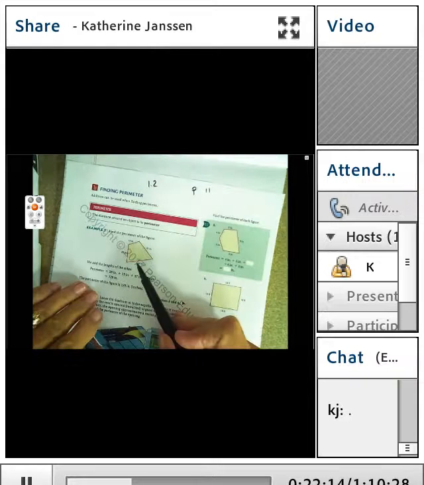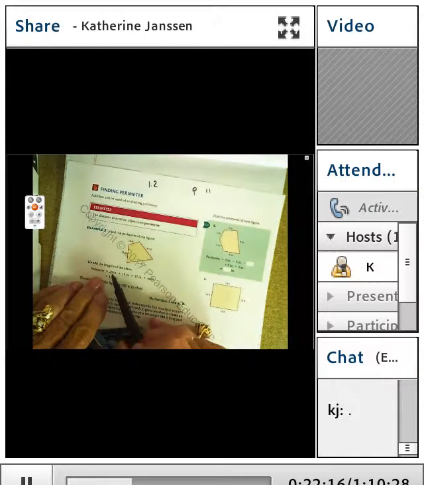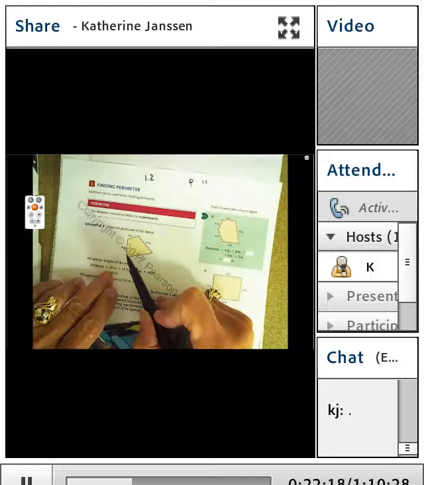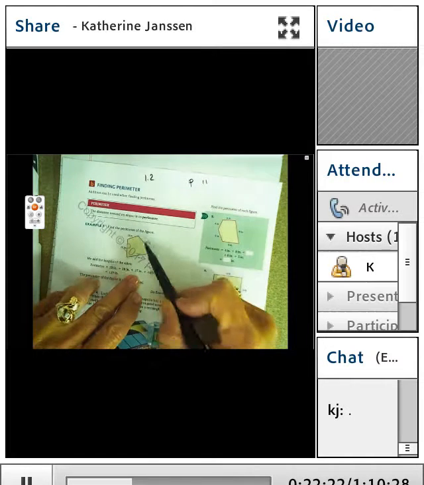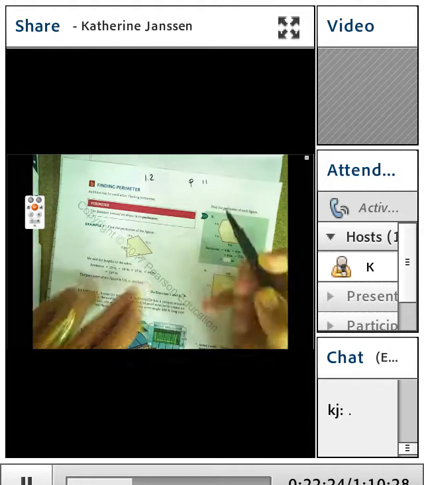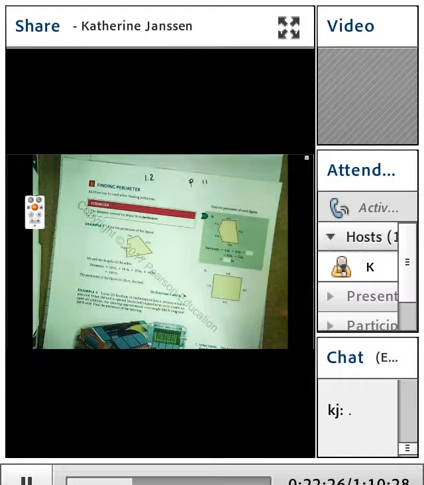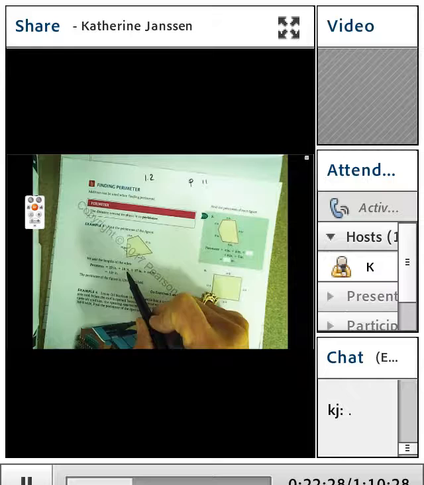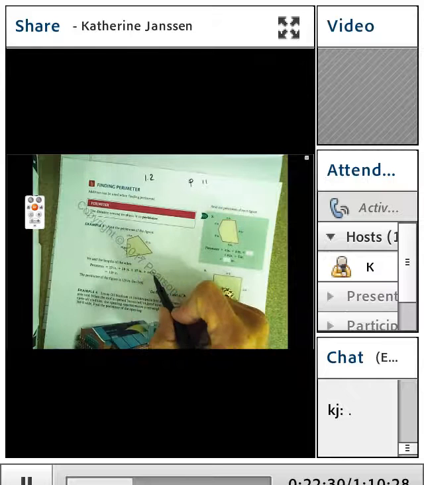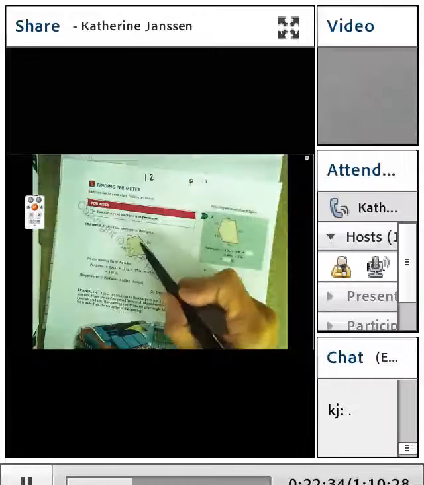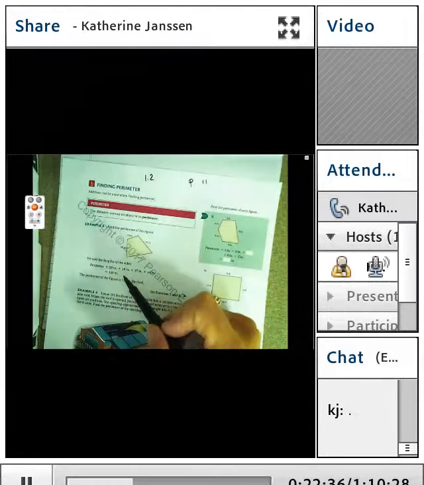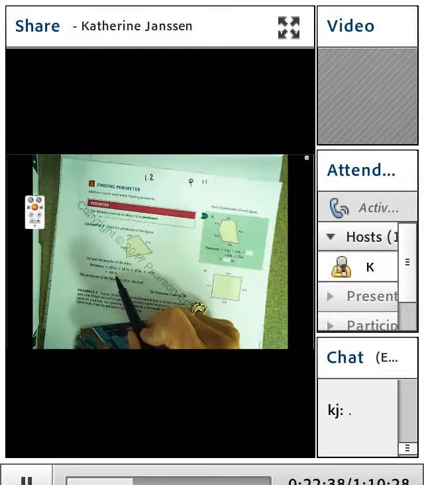The perimeter is equal to, I'm going to start with this length, 29 plus 19 plus 37 plus 44. The units are all the same measurement. I'm going to add with my calculator to come up with 129 inches.